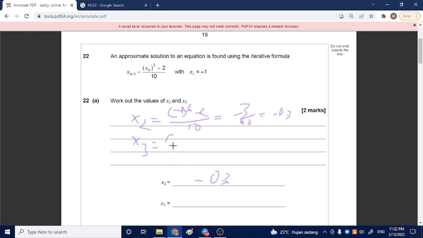x3 is minus 0.3 cubed minus 2 over 10. Here I need to use the calculator because I can't count mentally that much. That gives minus 0.2027.